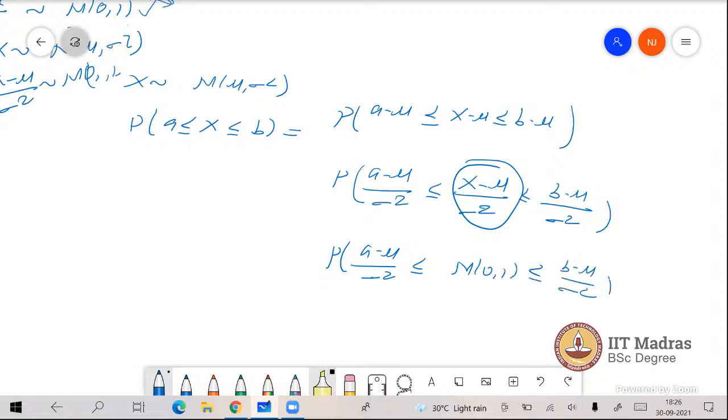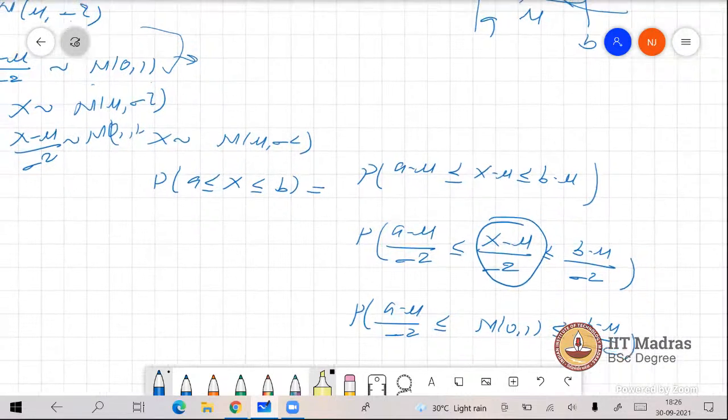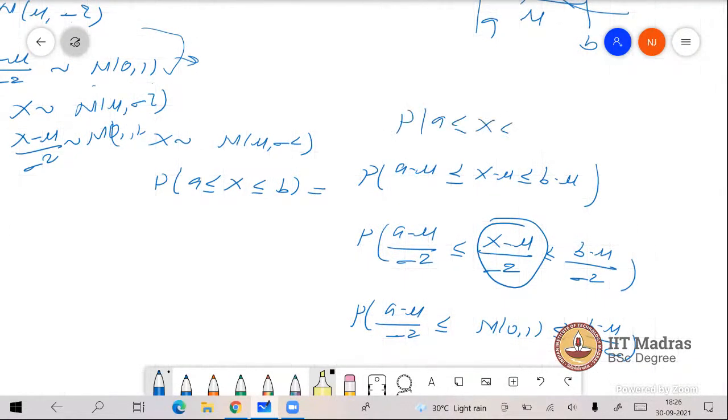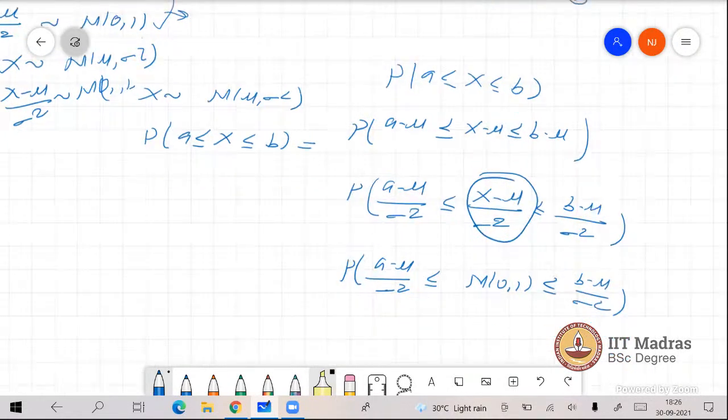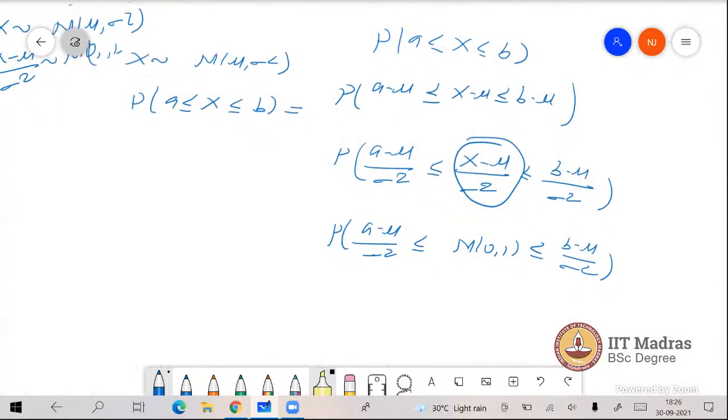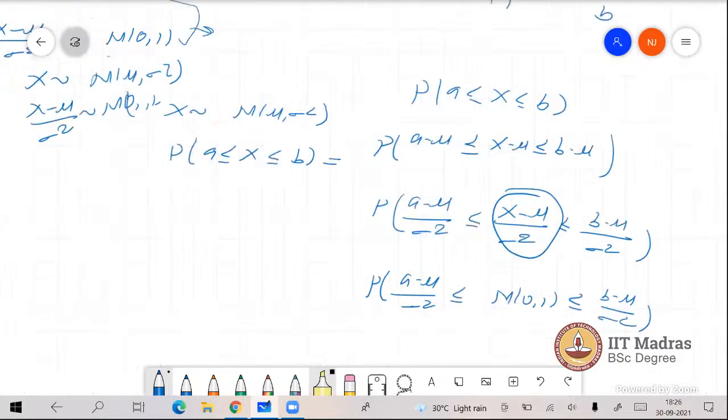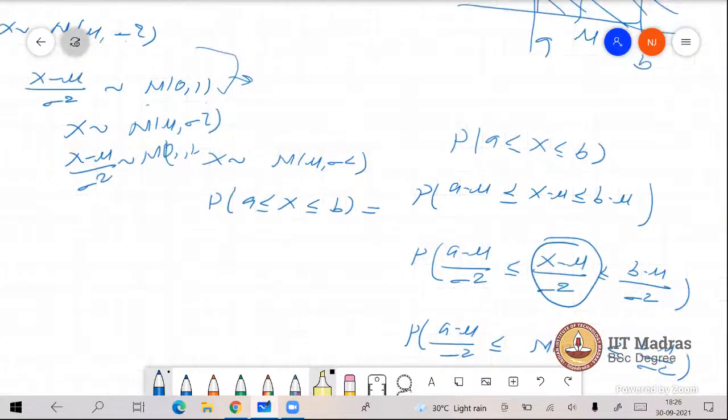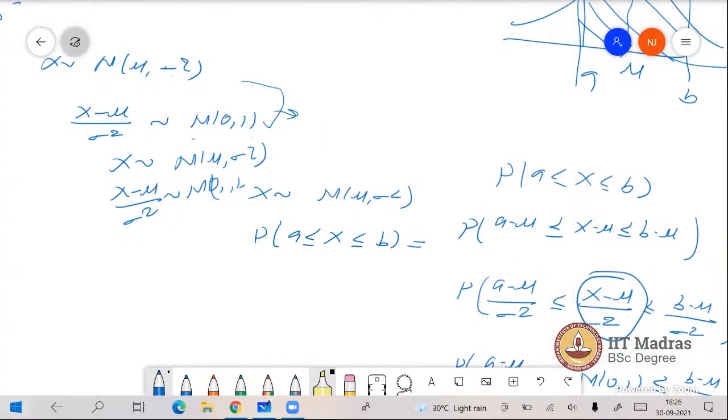Sir, I had a doubt. For standardization, you divide by the standard deviation, right? Oh, okay, this is sigma. Sorry, I made a mistake. So this is (x minus mu) by sigma. You can check the expectation of (x minus mu) upon sigma.